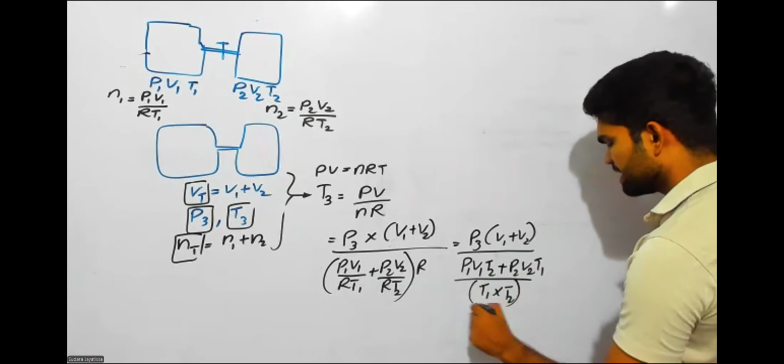You can expand the brackets also if you want. You can get a bigger expression, but I think we don't need that one. Over P1 V1 T2 plus P2 V2 T1. So it may be looking confusing at the end, but you can understand the flow, right? And the correct formula is going to be the second one.